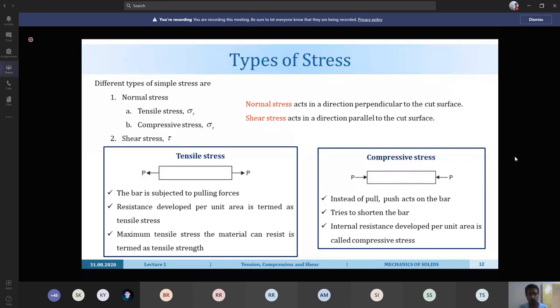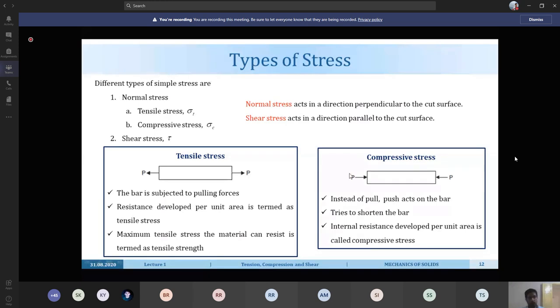So there will be two forces acting in opposite directions, one towards the left side and the other to the right side, and it tries to elongate this bar. As a result, the resistance developed per unit area at any cross section is termed as tensile stress, and the maximum tensile stress the material can resist is termed as the tensile strength.